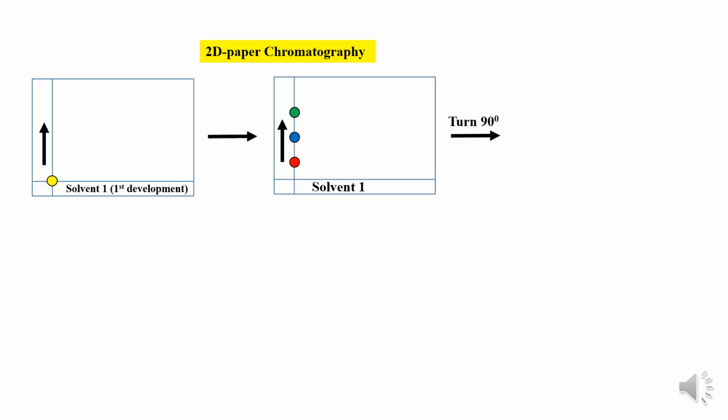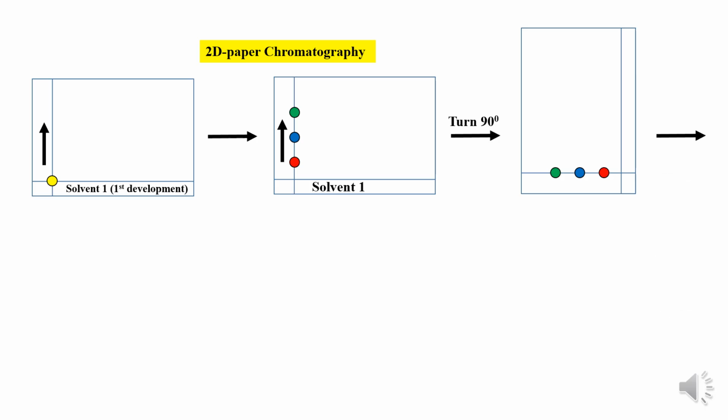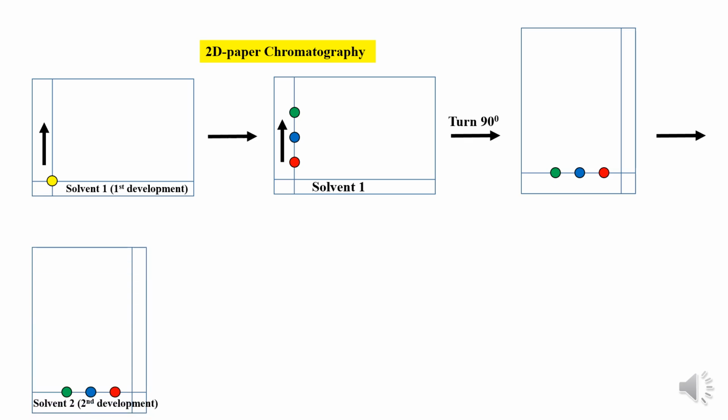you rotate or turn the Whatman paper at right angles, at around 90 degrees. After the rotation is done, you again run the Whatman paper with the second solvent in a second direction.